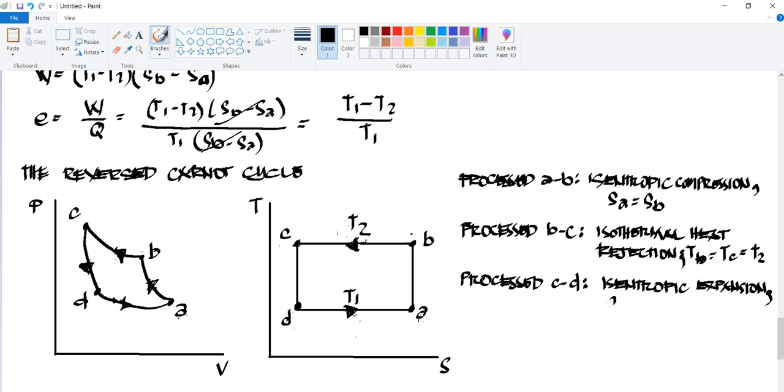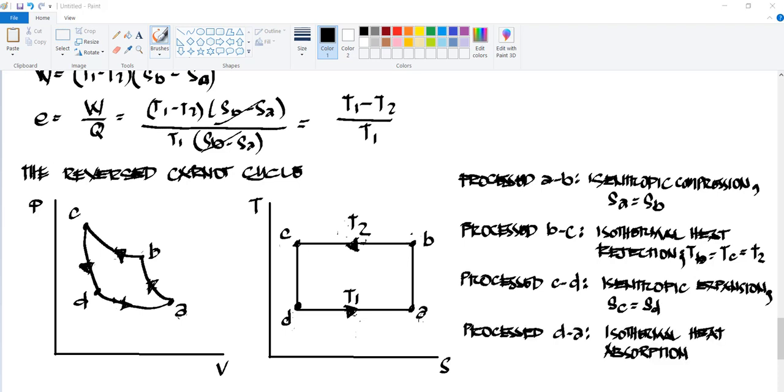So that will be the entropy at point A equal to the entropy at point D. Now we have the process D to A, that will be isothermal heat absorption, where your temperature at point D is equal to your temperature at point A, equal to T sub 1.